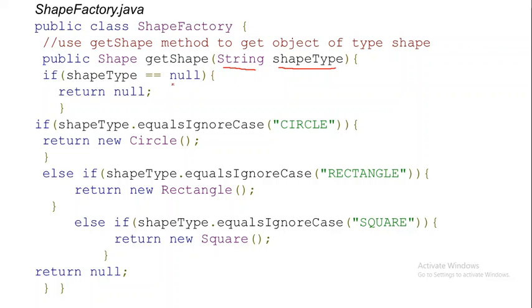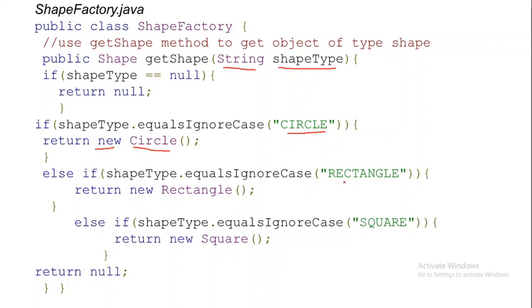You see, if shapeType is null, you return null. Next, we are evaluating with the if condition. If shapeType.equalsIgnoreCase, and if the passing parameter to the shapeType is circle, the getShape will invoke circle. You see, return new Circle. It creates a Circle object.